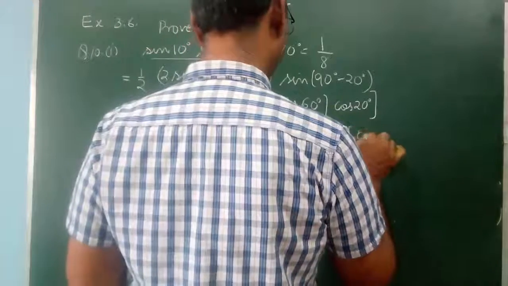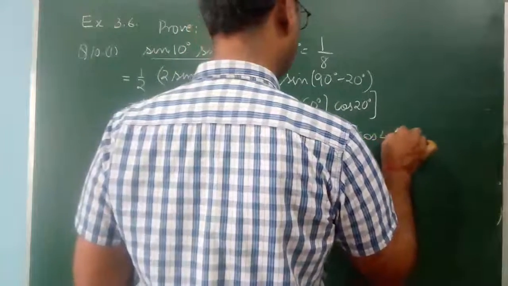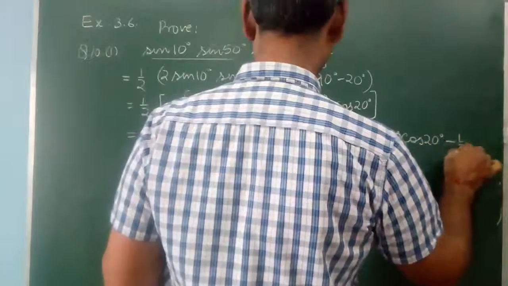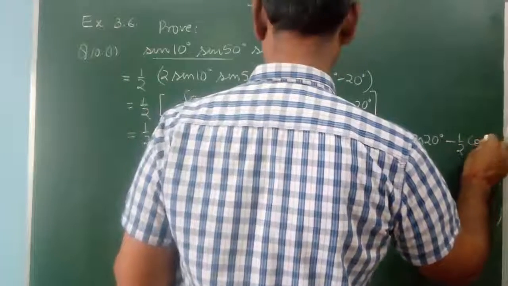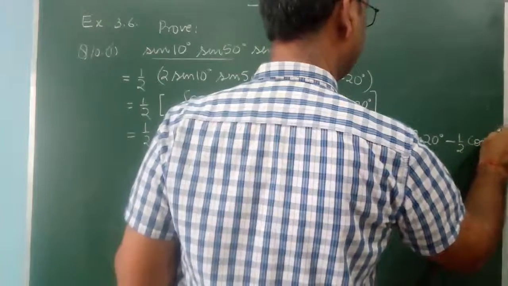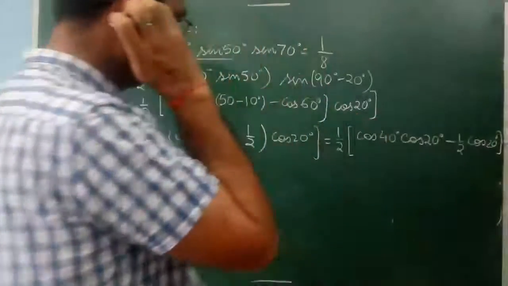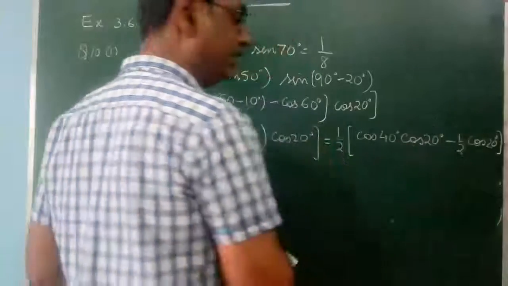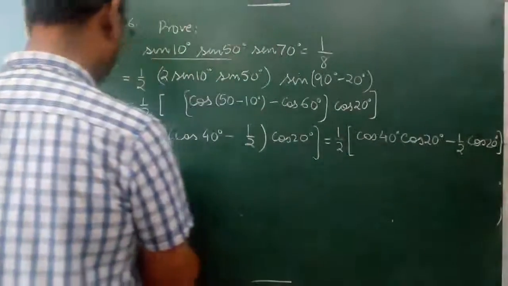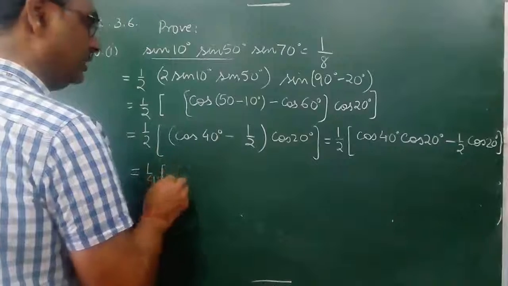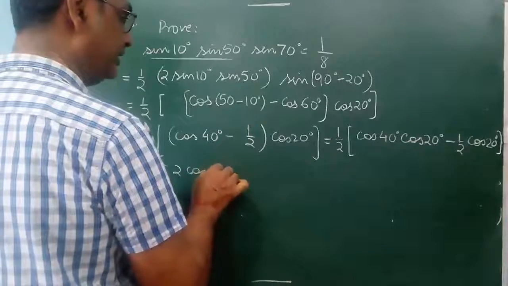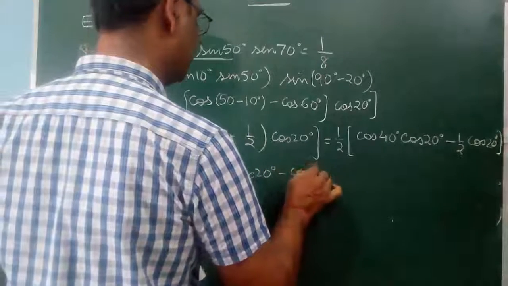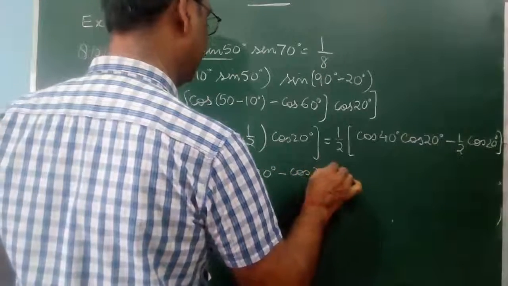1 by 2 cos 40 cos 20 minus 1 by 2 cos 20 degree. This 1 by 2 we can take out, so it will become 1 by 4, and this will become 2 cos 40 degree cos 20 degree minus cos 20 degree.